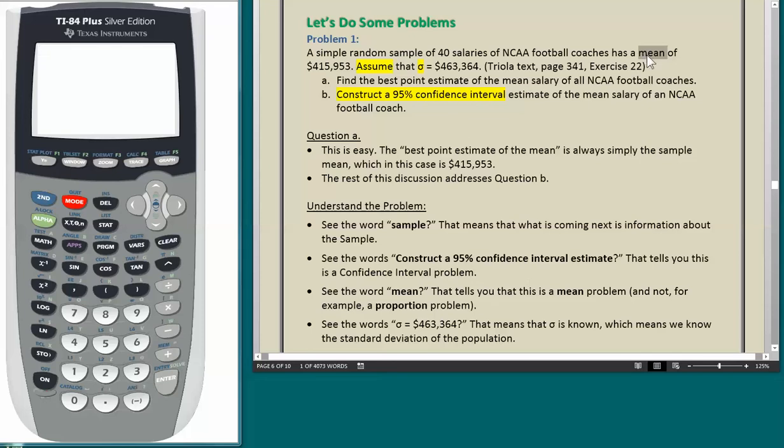And the problem tells you. And finally here, do you see the words sigma equals 463,364? That means, and we talked about this before, that sigma is known, which means we know the standard deviation of the population, and that tells us we're going to use a particular approach to solve this problem. We'll get to that soon.